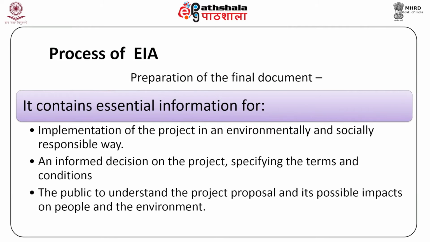Implementation of the project in an environmentally and socially responsible way. 2. An informed decision on the project specifying the terms and conditions. And 3rd, the public to understand the project proposal and its possible impacts on people and the environment.